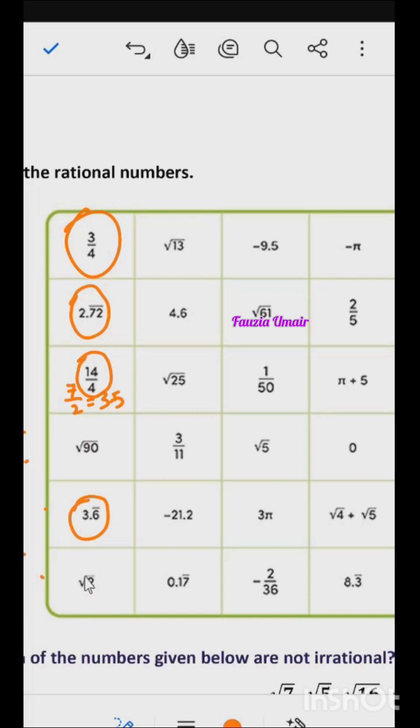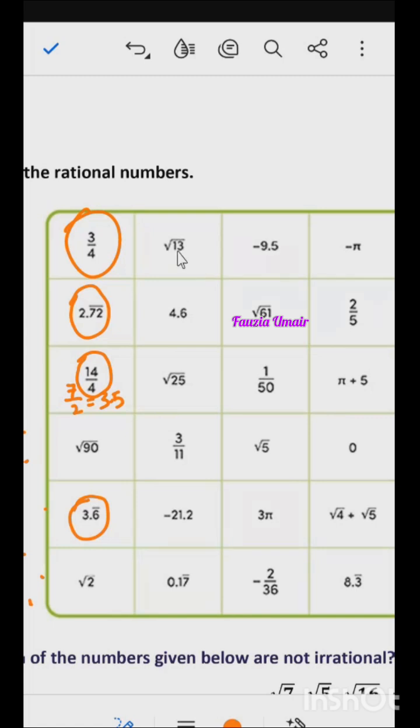What is square root of 2? It is an irrational number. I told you yesterday, square root of 2 is the first irrational number invented by mathematicians.